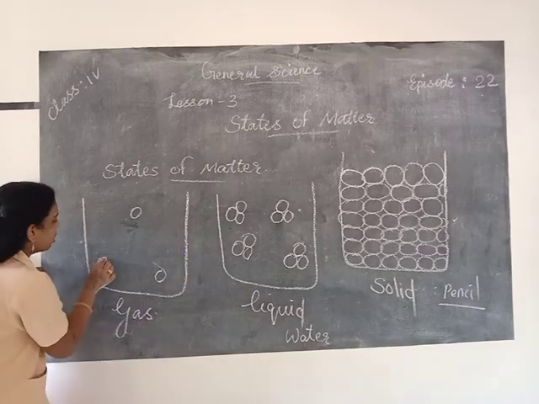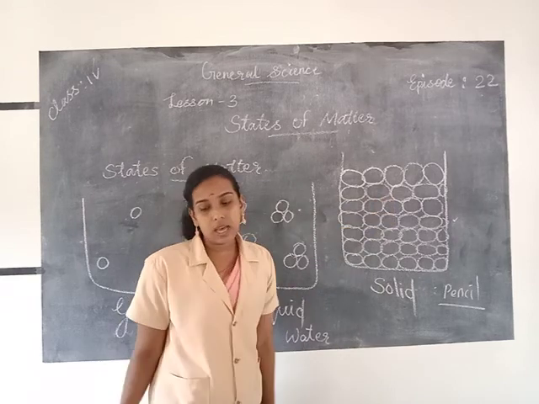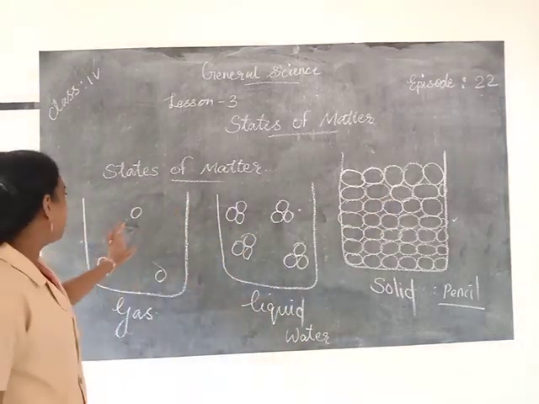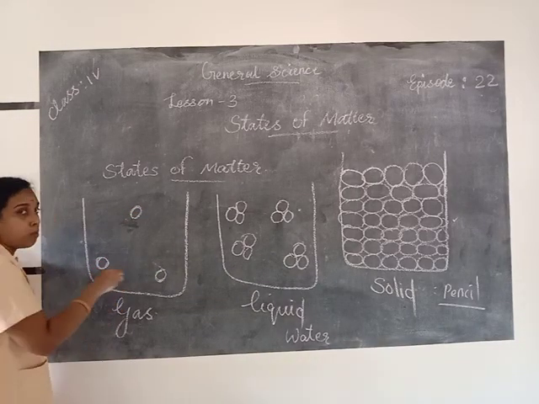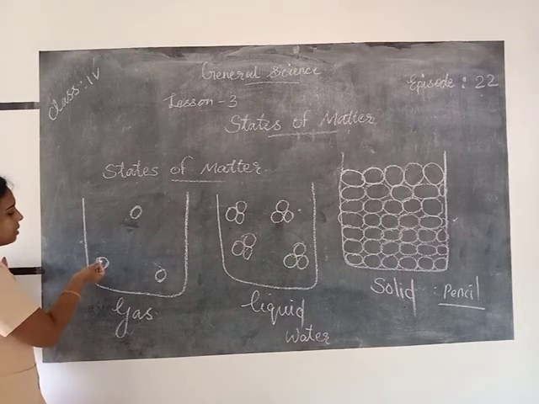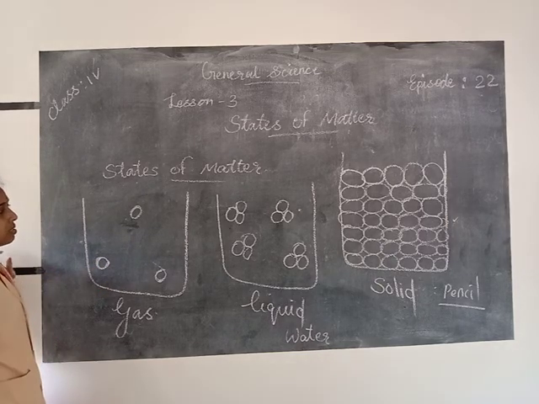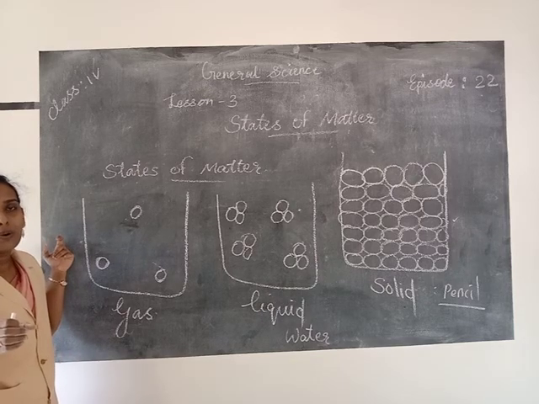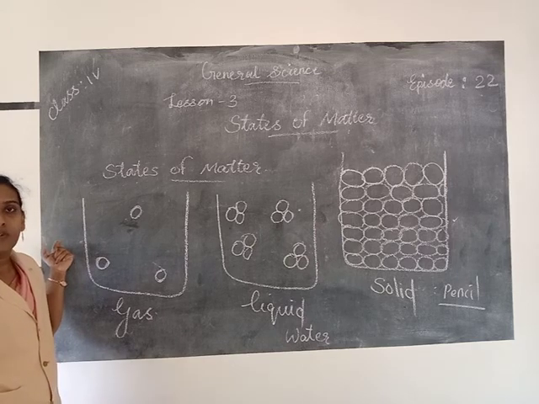In solid state there is no space between the molecules, they are closely packed, and in gaseous state the molecules are far apart from each other, so they can move very freely and the attractive force is smaller. So gaseous substances have no fixed shape and no fixed volume.